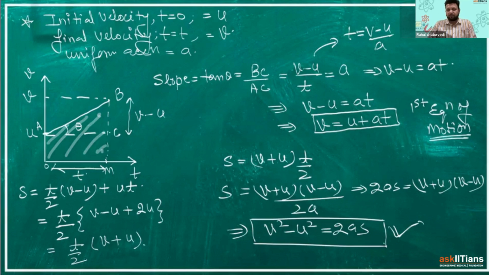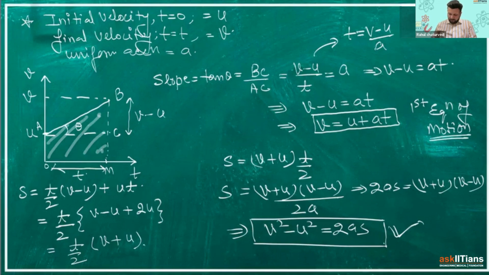So displacement is equal to the sum of the area of the triangle plus the area of the rectangle, and when you solve these two area equations, you get the relation S is equal to UT plus half AT square. When you replace time from the first equation of motion, T equal to V minus U upon A, then you get the relation V square minus U square is equal to 2AS. So this is what was required.